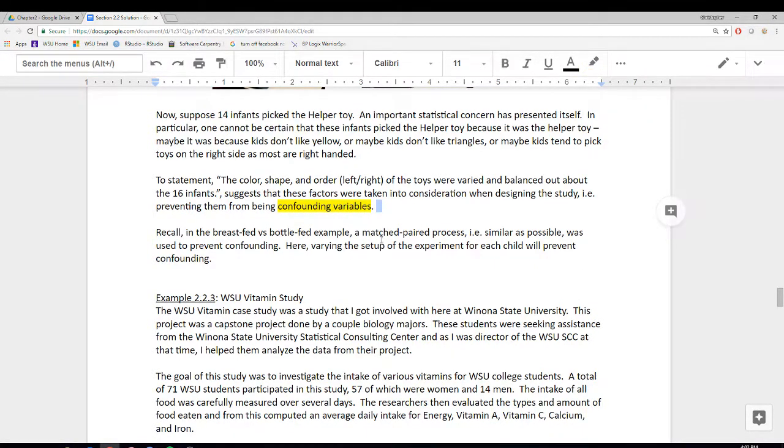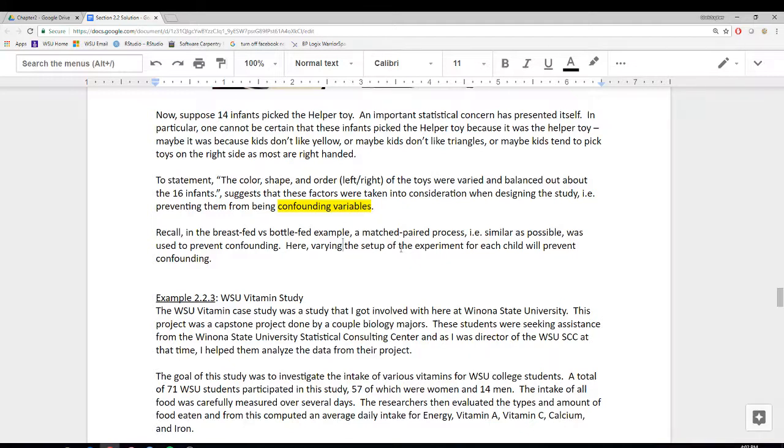Okay, so we've talked about confounding variables before. Those are variables that just kind of muddle what we're trying to say in our conclusion. We can't be certain it's because of the variable that's being studied. Maybe it's because of some other variables. We considered confounding variables in the breastfed bottle-fed example in the previous section, in section 1.4.